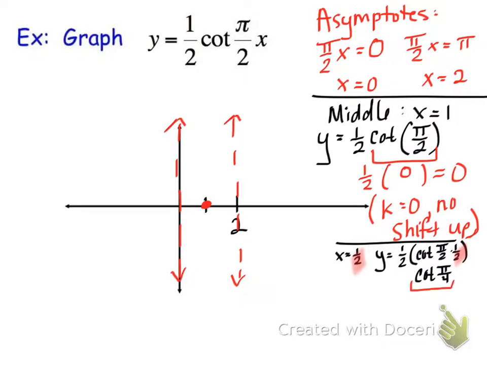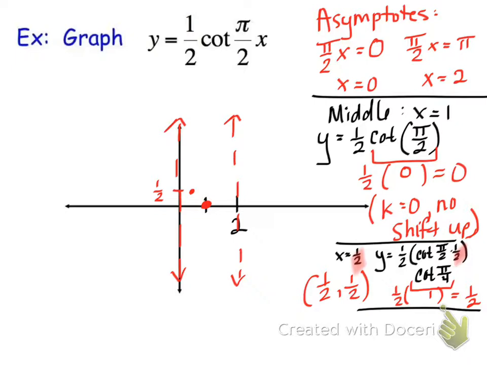I look at my unit circle. What's the cotangent of pi over 4? Well, it's the reciprocal of the slope there. The slope of pi over 4 is 1, so the cotangent of that will also be 1. So it's just going to be 1/2 times 1, and I'm going to get 1/2 for the y value. So when I plug in 1/2 for x, I get 1/2 for y. Now I have another point to graph.